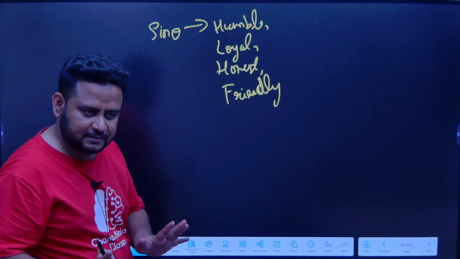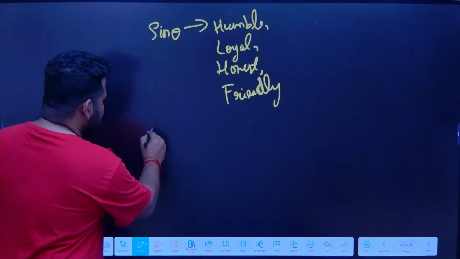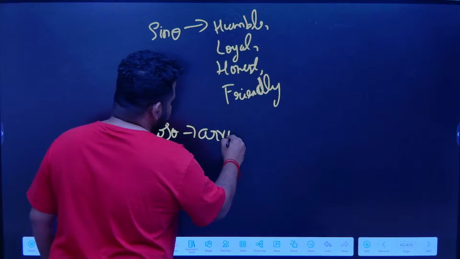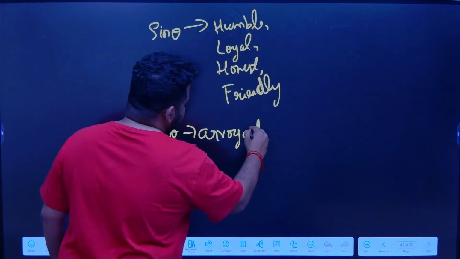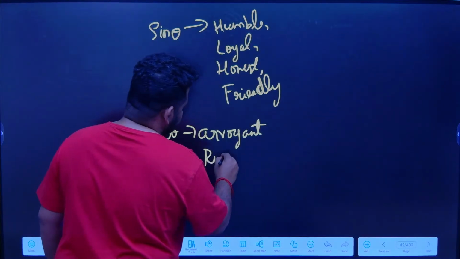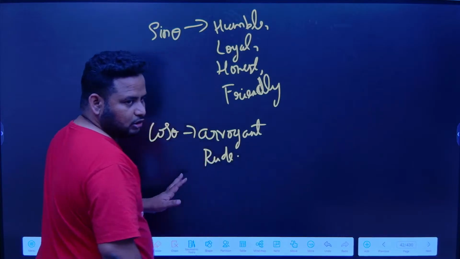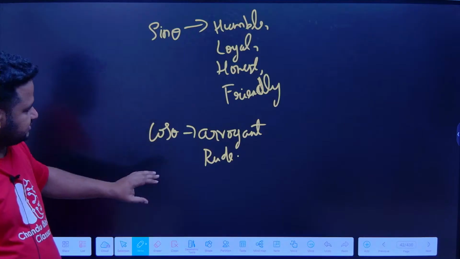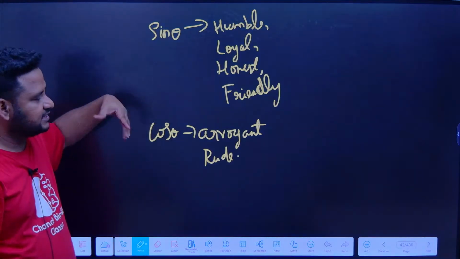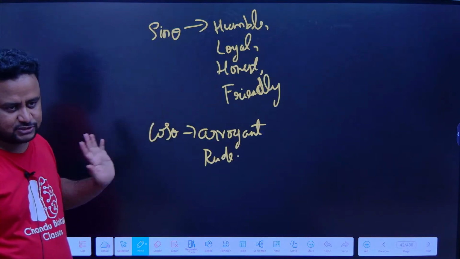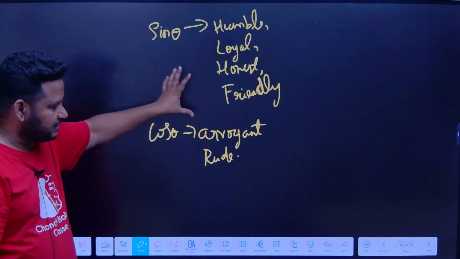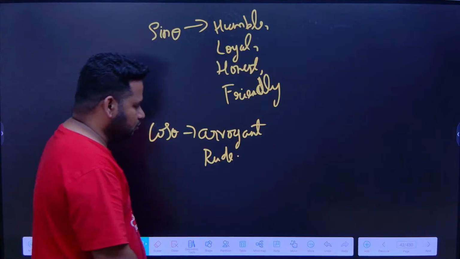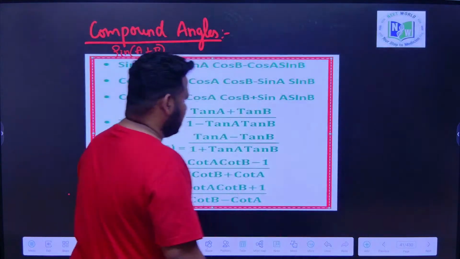Everything bad is cos theta. Cos theta is very arrogant, rude, not loyal, everything like that. Sin theta is very obedient, but cos theta is not. And sin theta is friendly, he will cooperate with others. Cos theta is not like that. Now come back to the formula.